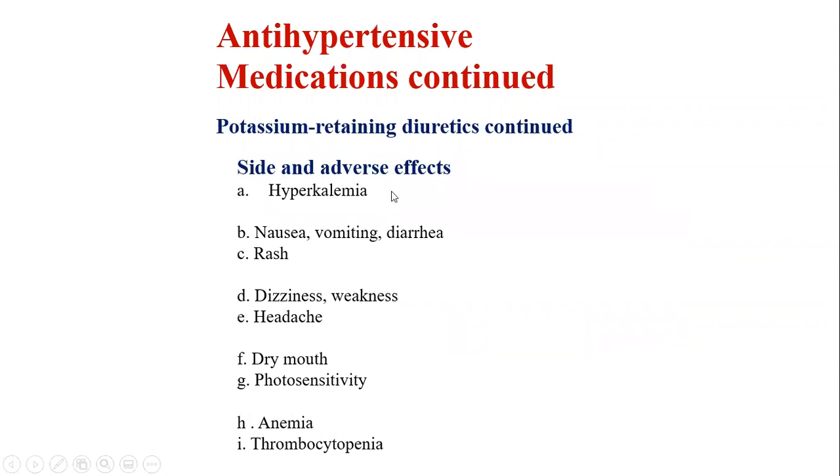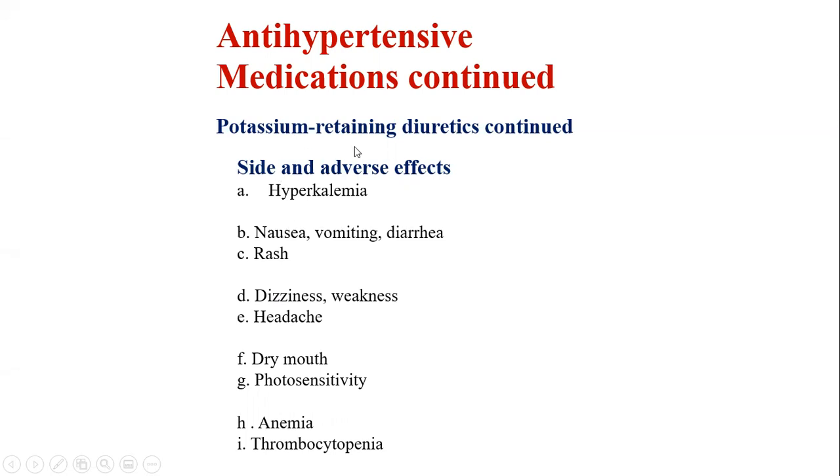Side and adverse effects: the patient tends to develop hyperkalemia, GI upset like nausea, vomiting, diarrhea, rash, dizziness, weakness, headache, dry mouth, photosensitivity, anemia, and thrombocytopenia. Loop diuretics, thiazide diuretics, and potassium-sparing diuretics can all cause photosensitivity.